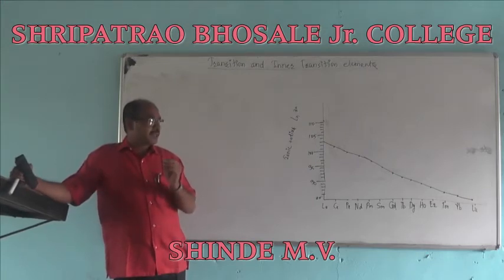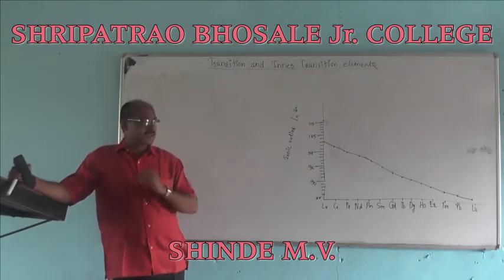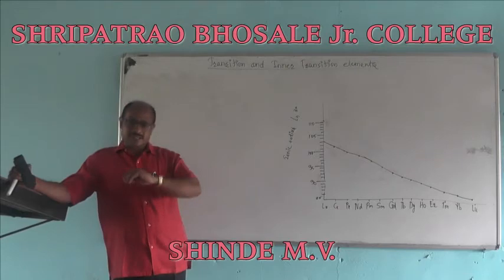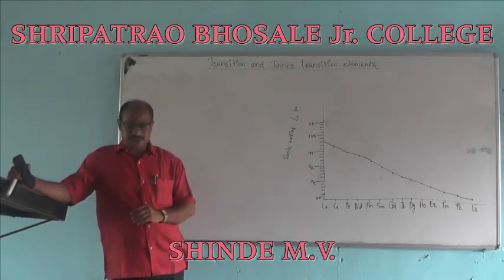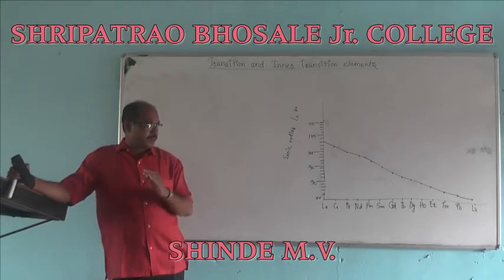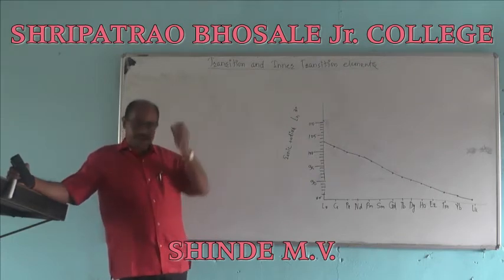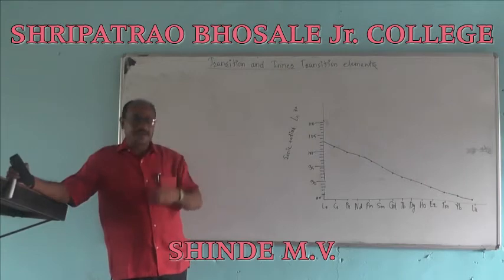This is the magnetic property of the lanthanoids, which is comparable to the d block elements. Whether there is a paramagnetic moment or ferromagnetism, you will observe the same in the d block elements. Iron, cobalt and nickel are ferromagnetic in nature.